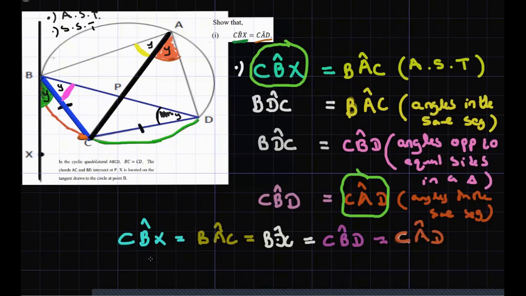Then we can say angle CBX is equal to what? Angle CAD. Why? See, look at the ends. CBX equals BAC equals BDC equals CBD equals CAD. All right. So we have proven that CBX is equal to CAD angle.